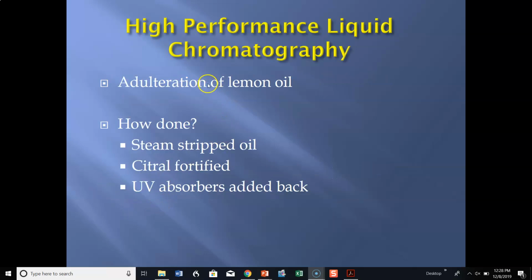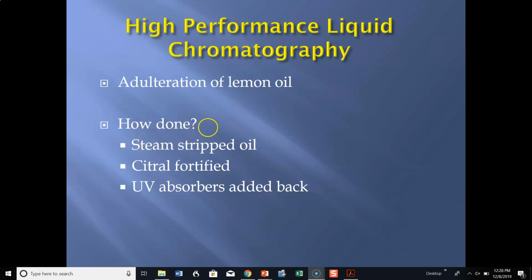The last example is looking at using HPLC for adulteration of lemon oil. Back when we talked about flavoring materials, essential oils, we talked about lemon oil and how the citral can be taken out of lemon oil, and then that would leave some flavorless terpenes.